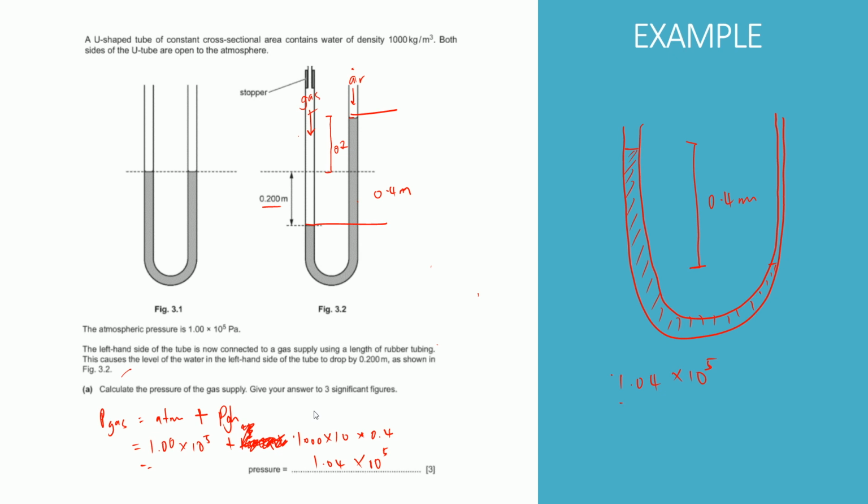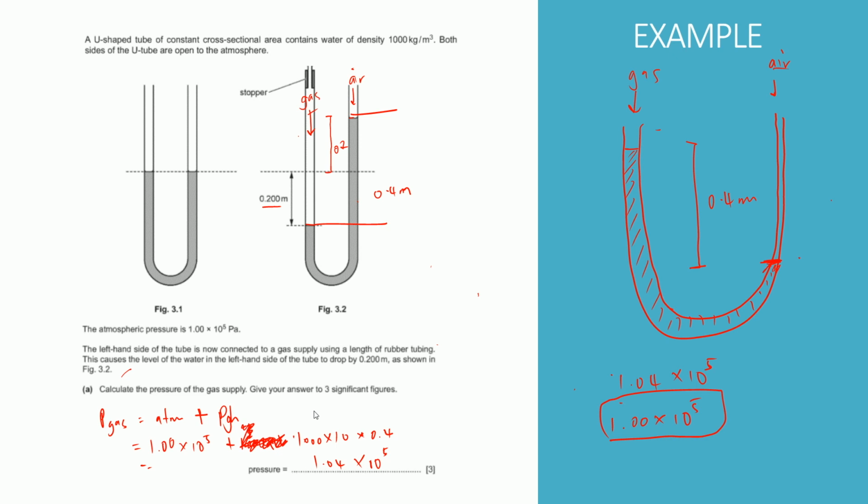But that can't be true because we know for a fact that air pressure is higher than the gas pressure here. Given that the level of the fluid is lower here than here, the air pressure must be stronger than the gas pressure. But we know that the atmospheric pressure is 1.00 times 10 to the power 5, so whatever pressure we get for the gas must be less than this amount in this situation.